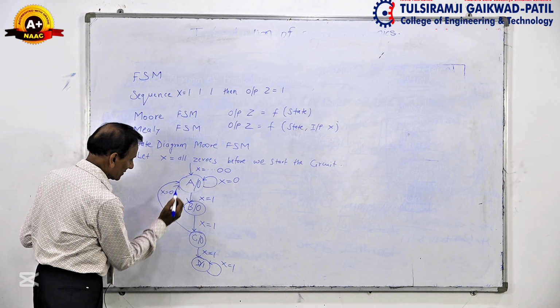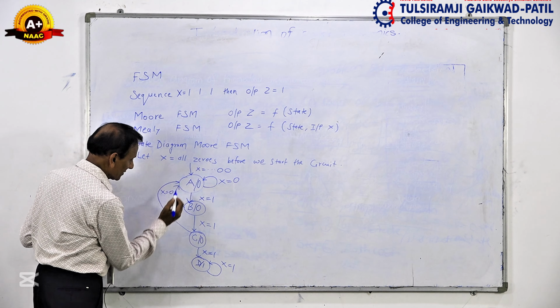Now let us prepare the state table. In the state table, we write present state, PS, then we write next state, NS. Now next state corresponds to one value of X equal to 0 and another value of X equal to 1.